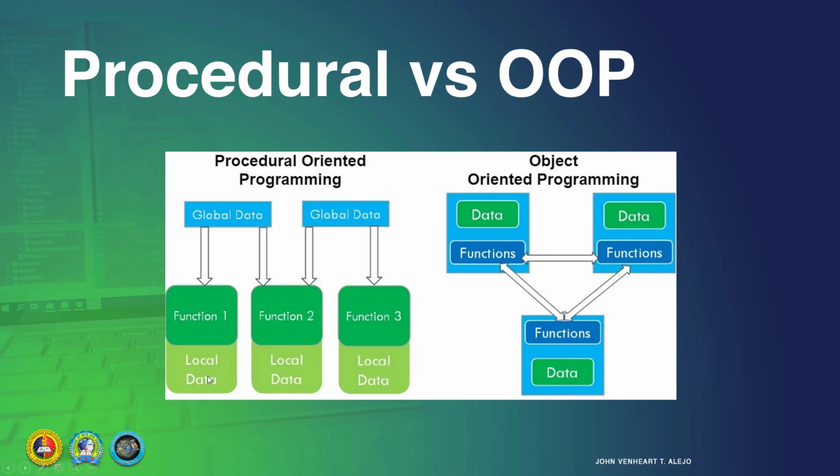The local data here is only intended for function 1, the local data here is intended for function 2, and the local data here is for function 3. So the local data in each function is not reachable.